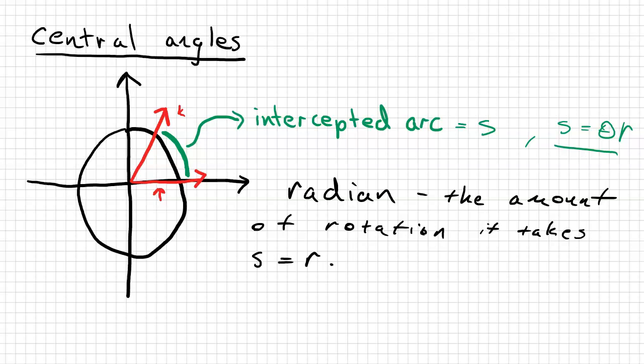So we want this intercepted arc, this green line right here, to be equal to r. And right from this definition, we can see that the theta in this equation has to be in radians, because if we make theta equal to 1, then we get s is equal to r.